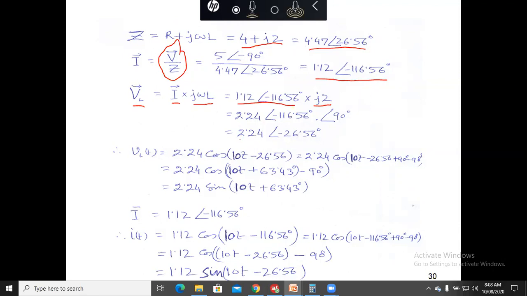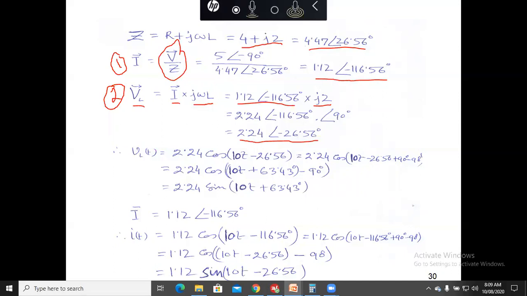By multiplying it, we calculate the voltage across the inductor. So we got these two values: one is the current in the network, and the second is the voltage across the inductor.